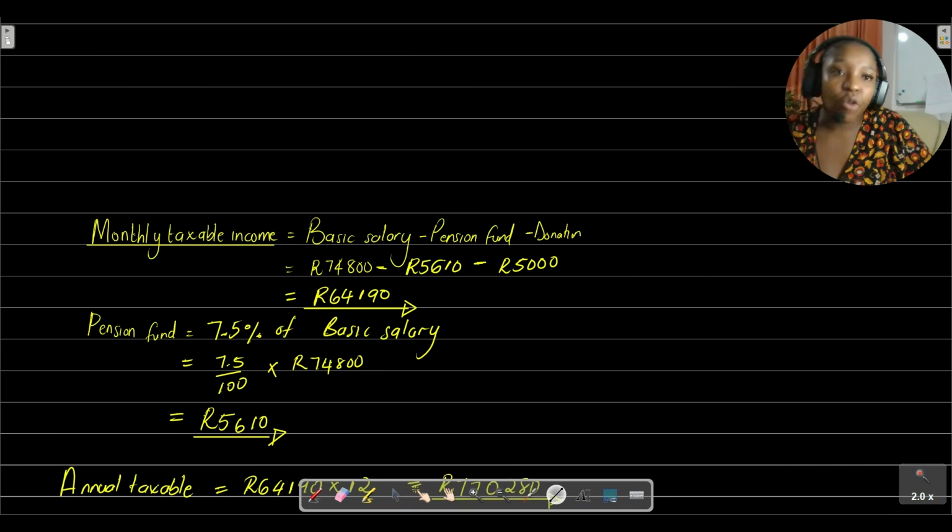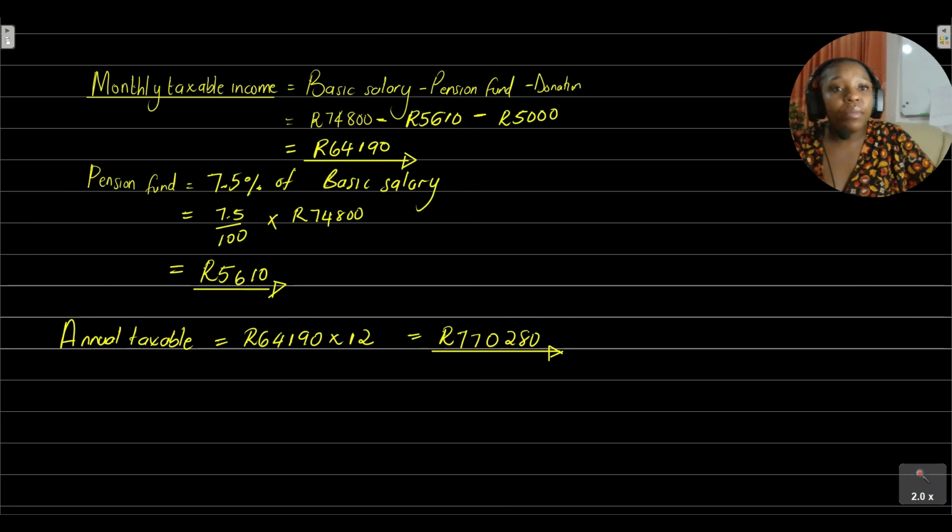Okay, and then from there, we'll just follow that procedure that I've been doing with you guys on how we then minus the rebates, minus the medical credits, and also looking at where his taxable income falls in your tax table to determine how much tax Mr.